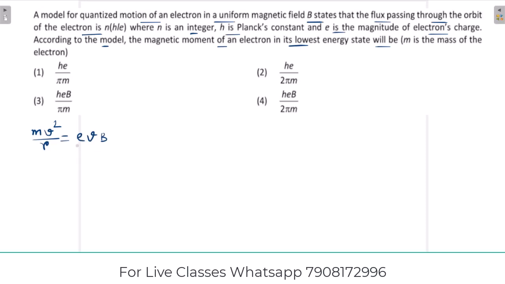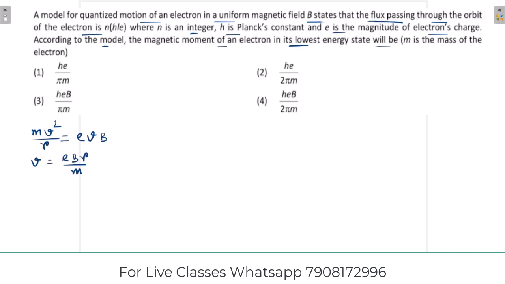As the electron is moving in a circular orbit, the applied field is in the perpendicular direction. So from here we can write v is equal to eBr divided by m. So this is the velocity of the electron.